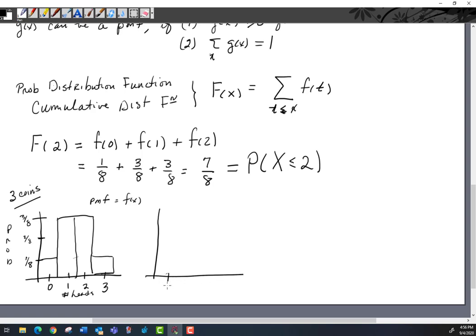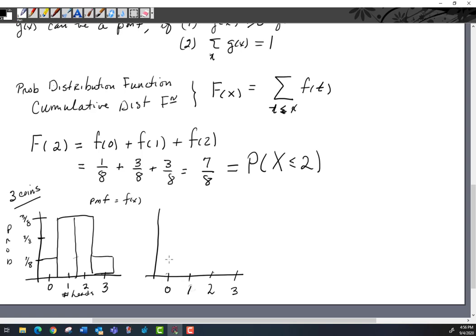But there's an argument for saying that this would be more appropriate. See, I guess after 0 comes 1, doesn't it? 0, 1, 2, 3.